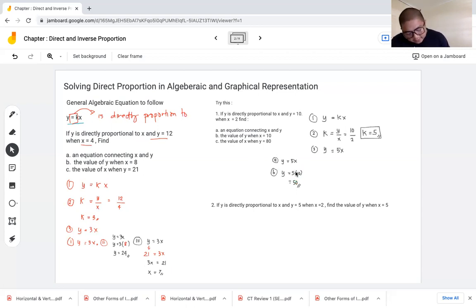For letter C, it's just the same thing. So I will use this equation here on top for you to understand that the y is going to be 80, and the right side of the equation will just remain the same. So here we will know now that x is equivalent to 80 over 5, and 80 divided by 5 will result to 16.